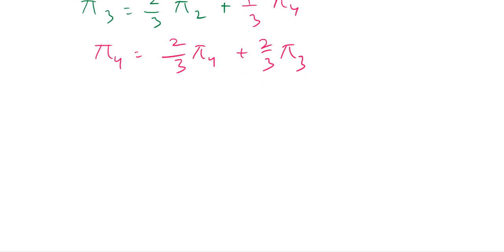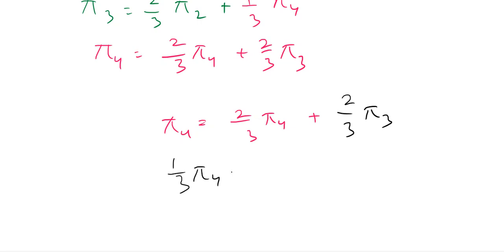Solving the system of linear equations, here pi 4 equals 2/3 pi 4 plus 2/3 pi 3. Rearranging gives 1/3 pi 4 equals 2/3 pi 3. That means pi 4 equals 2 pi 3.